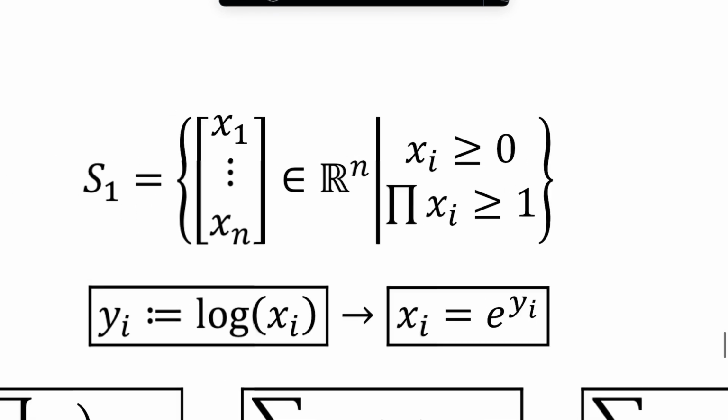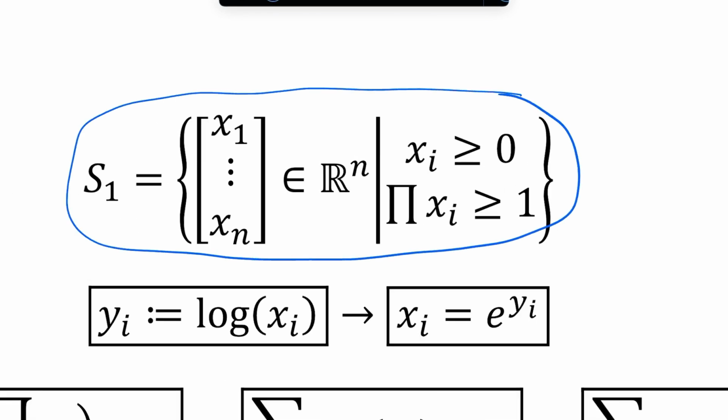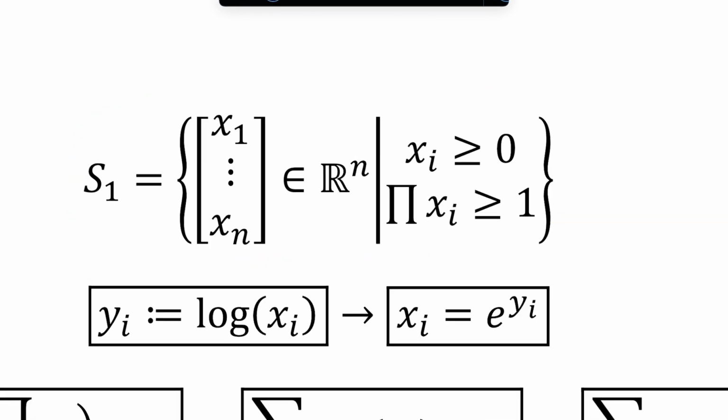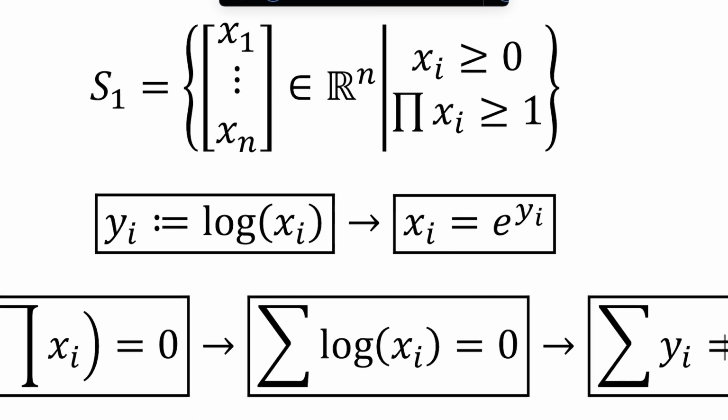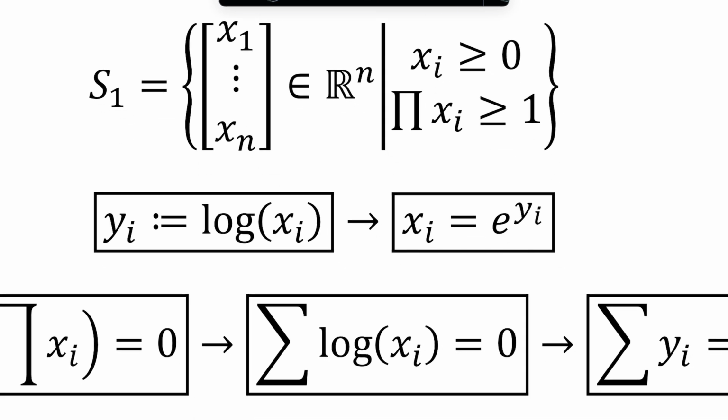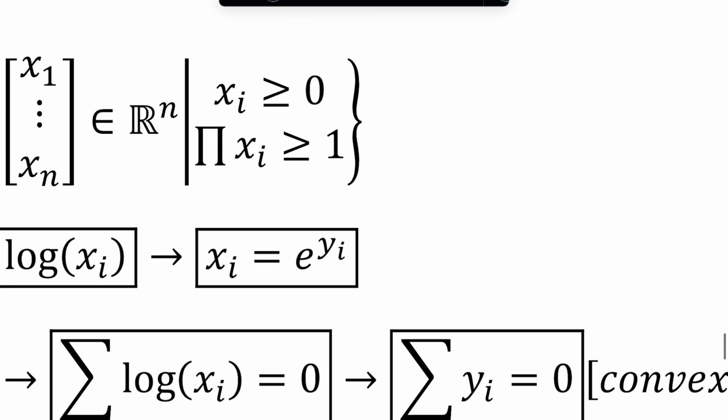Okay, so let's look at the problem one more time. This is the set whose convexity we would like to prove. Let's say this is x, and this is the set.